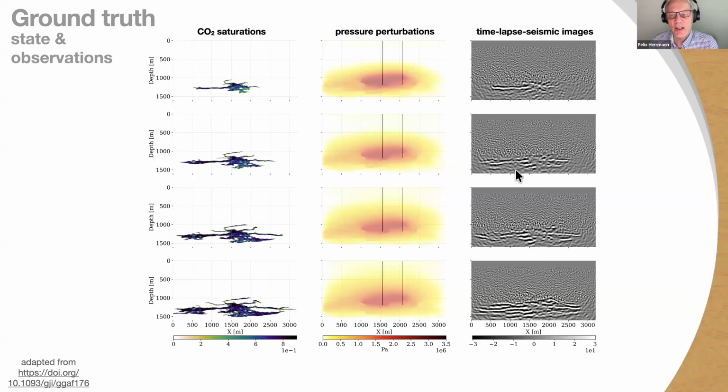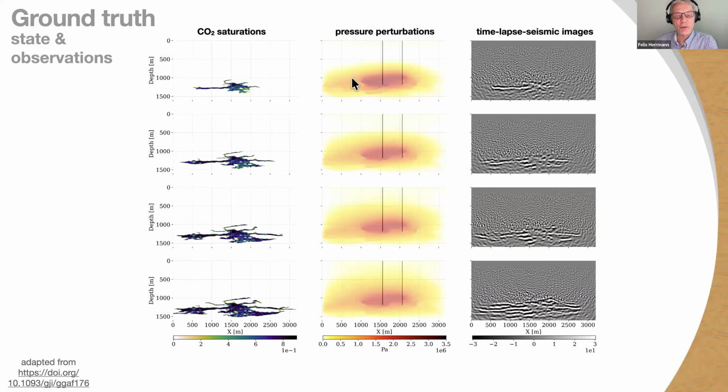Now, this is what we never see in the first 2 columns, except what we see at the well. So here we see for the 4 time steps the plume developing. You can see that the plume grows because over time we inject more and more CO2 and the CO2 flows out according to these multi-phase flow simulations. And then we see the pressures.